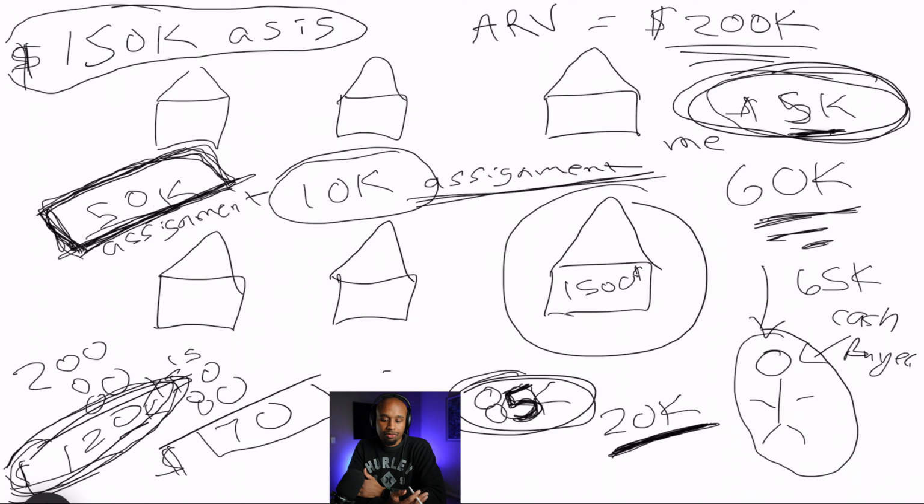But this video is about trying to figure out the value of a property. And it's really easy. Don't look at it like it's complicated. Just go to Zillow, and in this case right here on this deal, I went to Zillow and I saw that the houses were selling for 150. Zillow had it at 150. That was the value of it.